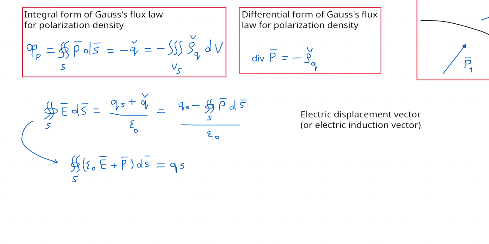This is the value inside these brackets. This is the electric displacement vector, and it may be written as D. Vector D is equal to epsilon 0 E plus P.